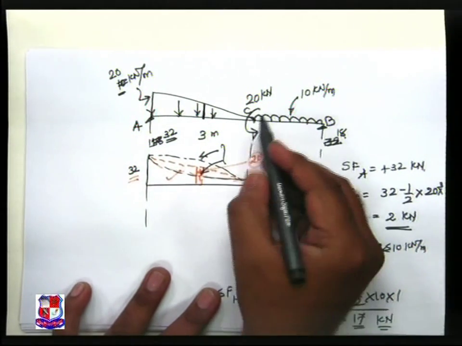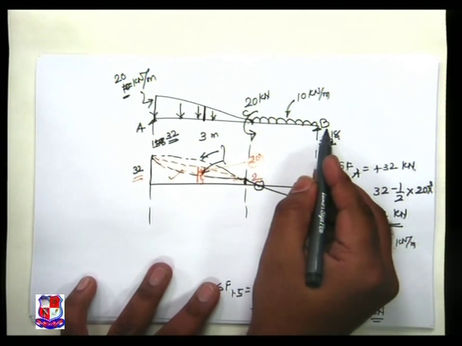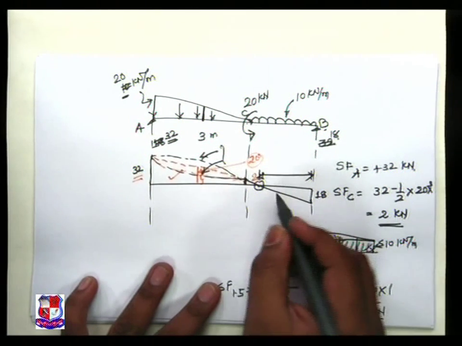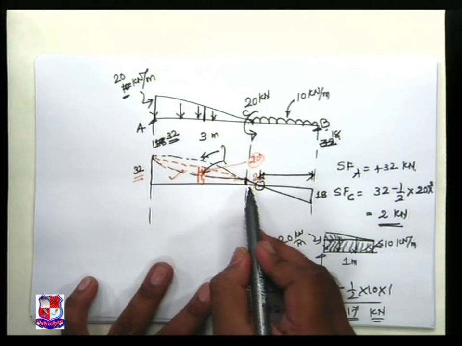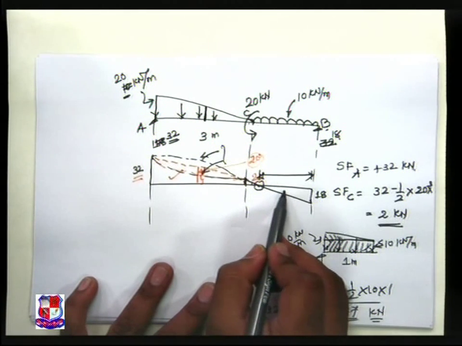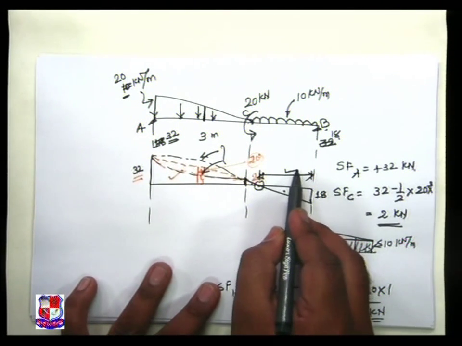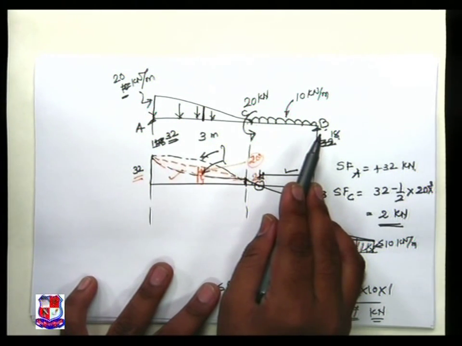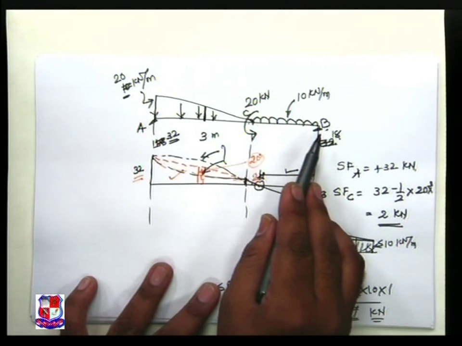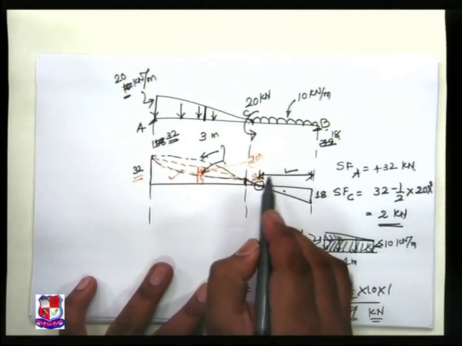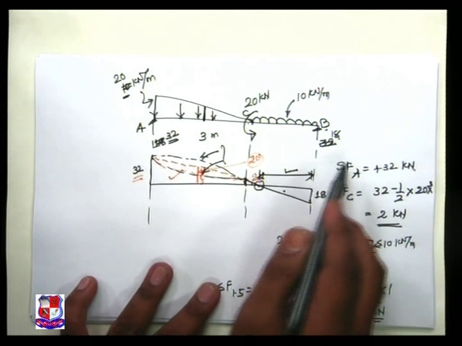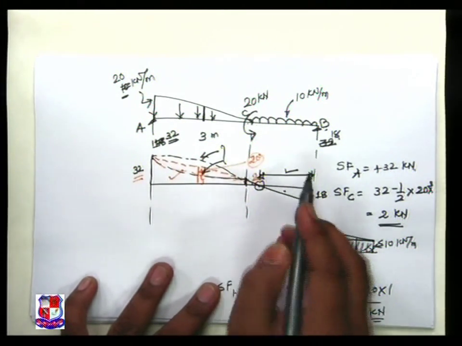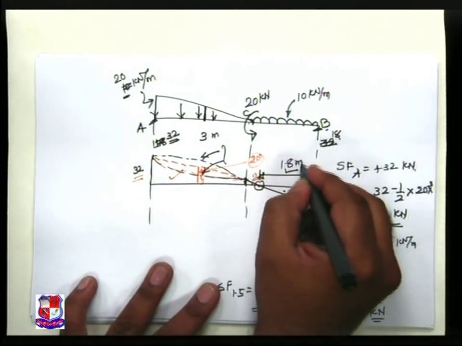It is in the region between C and B, and we have to find out the distance x by using pure mathematics, equating the triangles. Or by taking a section between C and B, we write an equation of shear force at a section XX which is equated with 0, and we find out the value of x. So we found the value of x is 1.8 meter.